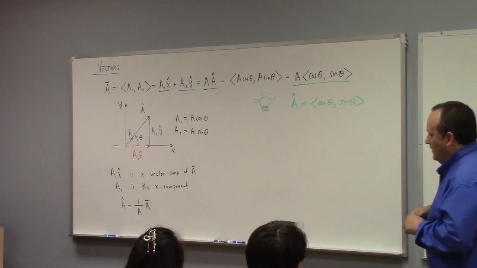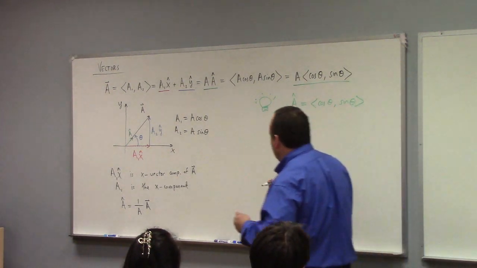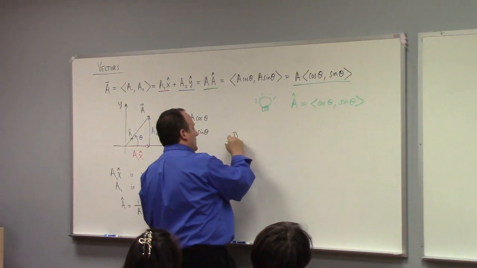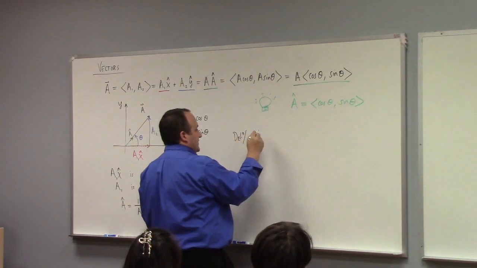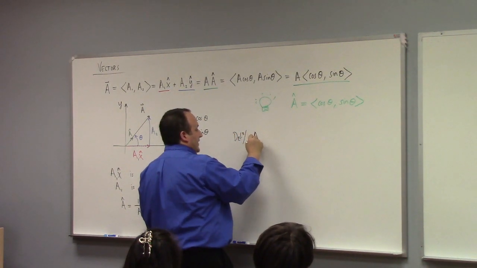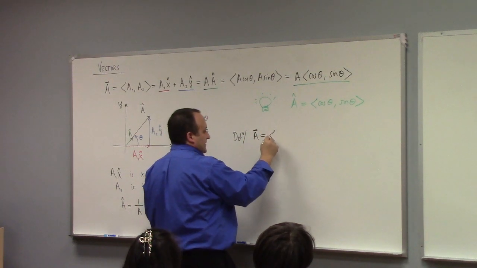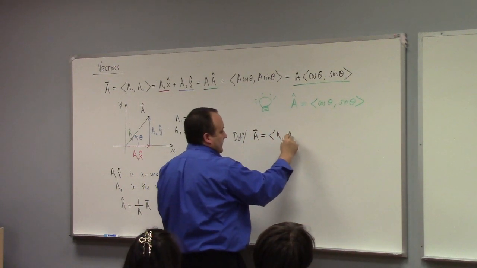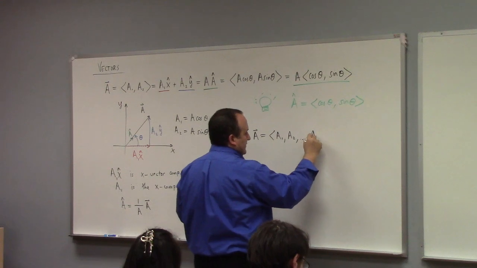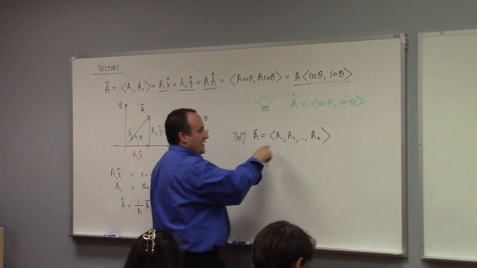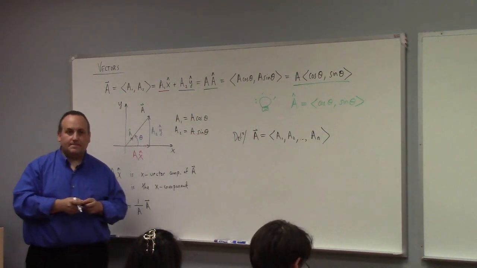Okay, so that's just a backdrop. What's the other thing we learned last time? We learned the definition, if I have, let's be n-dimensional here for a second, an n-dimensional vector, A with n components, yeah?